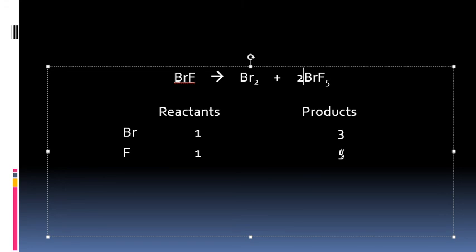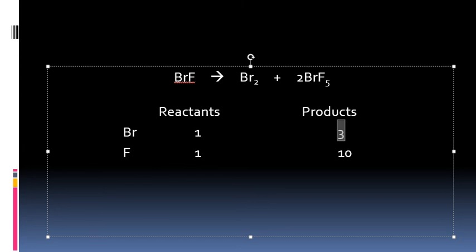Therefore, with fluorine, we have BrF5. 2 times 5 is going to give us 10 fluorine. And as far as bromine goes, we have still no coefficient in front of Br2, therefore that's 2 bromine. And for the coefficient in front of BrF5, that's going to take 1 bromine times 2.